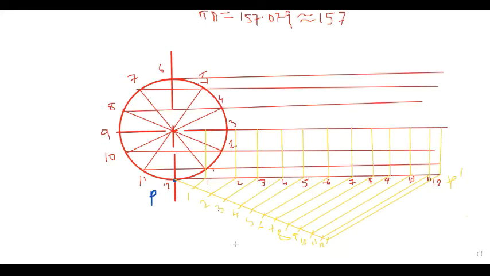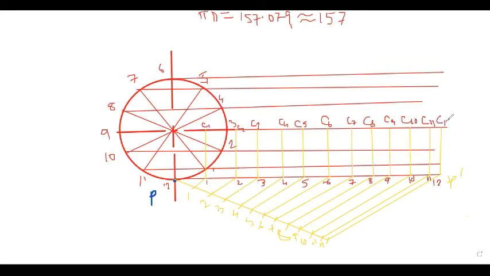And you give the names. This is C1, this is C2, this is C3, this is C4, this is C5, this is C6, this is C7, C8, C9, C10, C11 and C12.